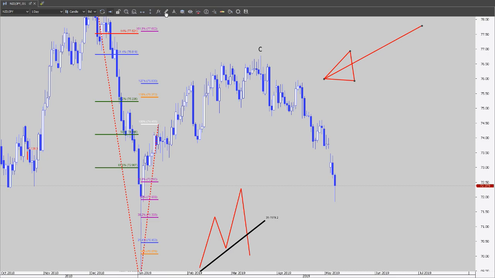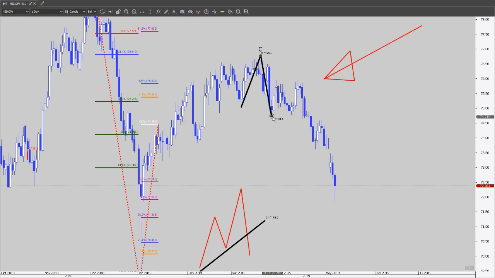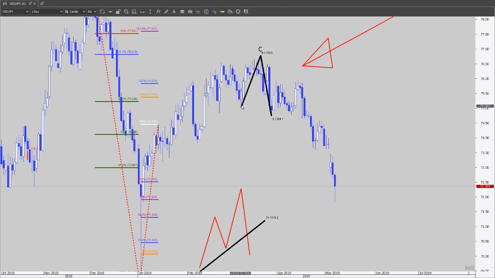Okay? So we need a low, a high, and a lower low, right? This is the low, this is the high, and this is the lower low, right? So if this is theory and this is the market, if this is the center tip, well, where is the left tip? Well, let's see.